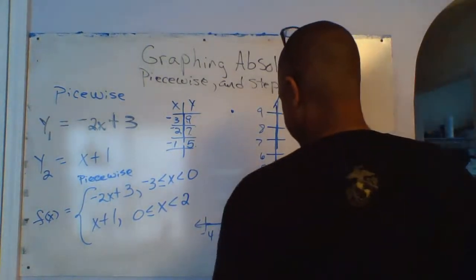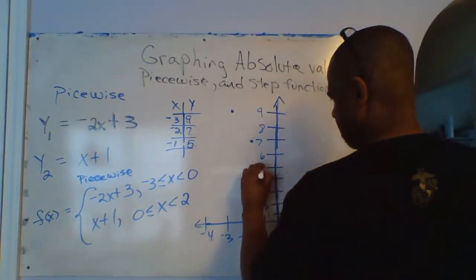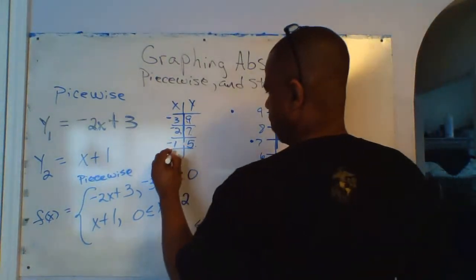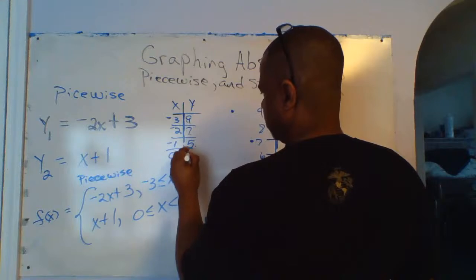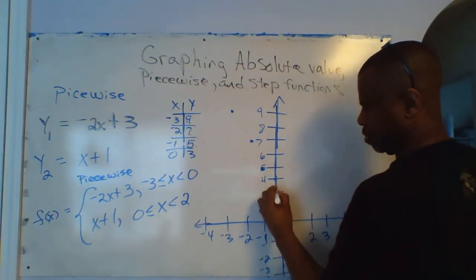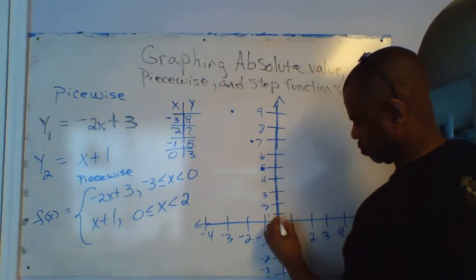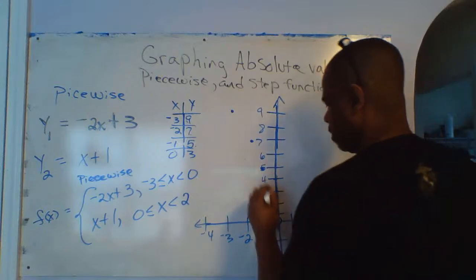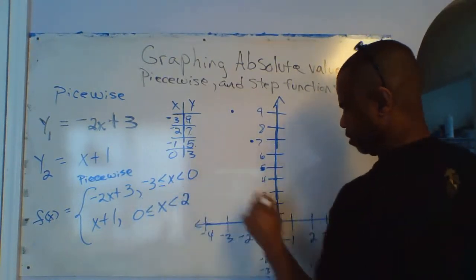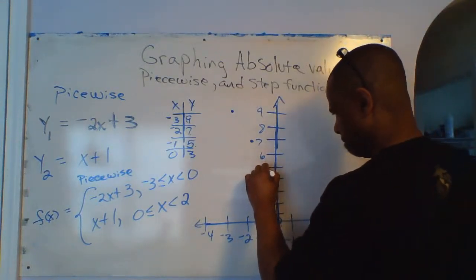A negative 2, 7 should go here. A negative 1, 5 should go here. Normally if I put in 0, that should give me 3, right? But we're going to put an open circle at 0, right here, because we only want from negative 3 to 0. We only want a piece of the function, not the whole thing.